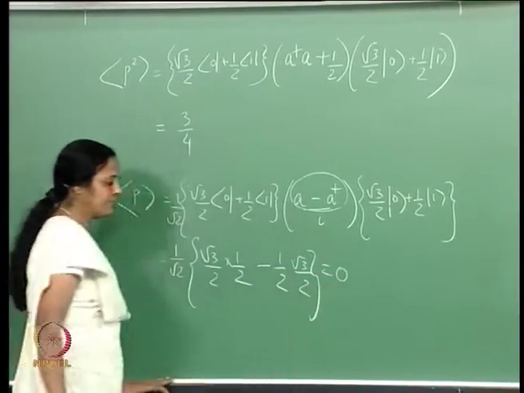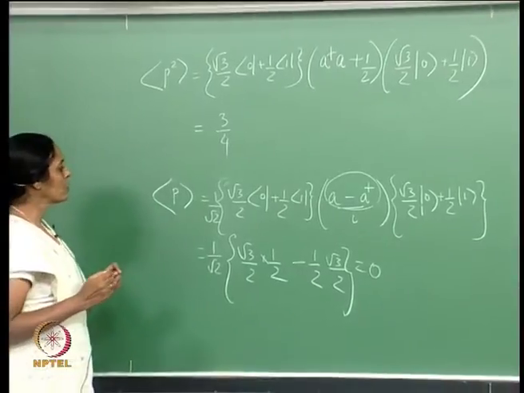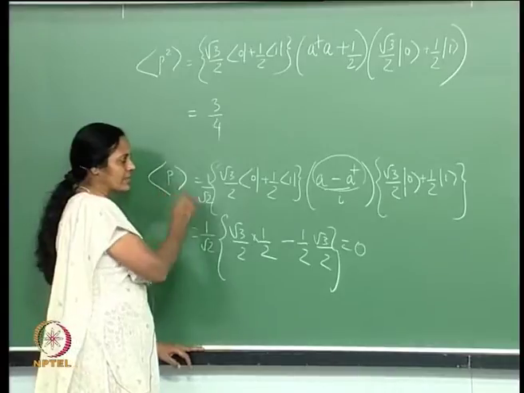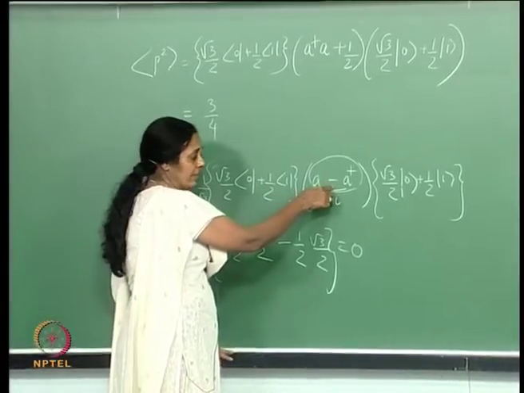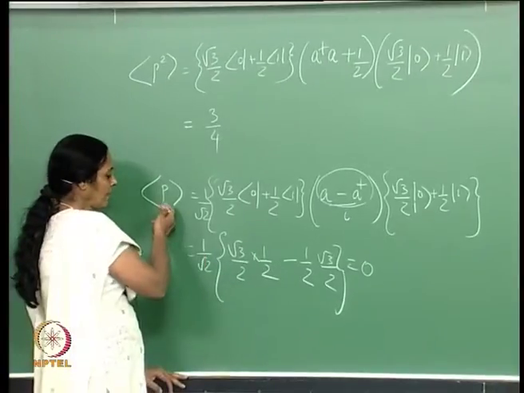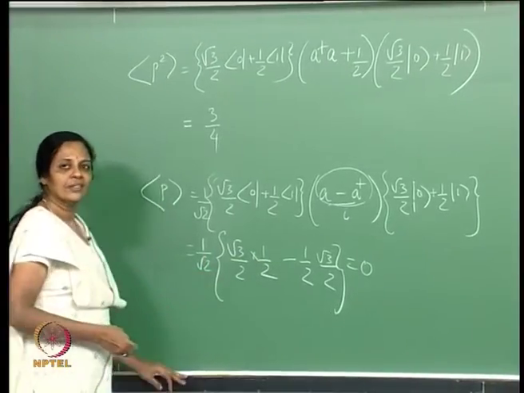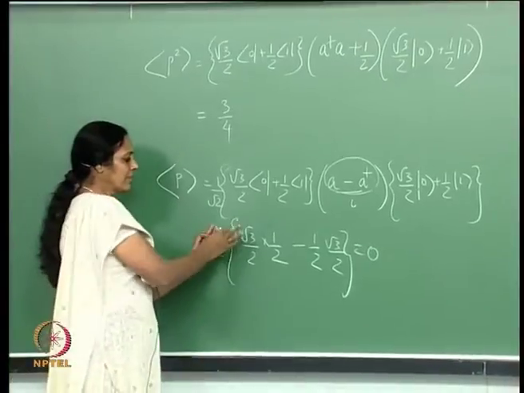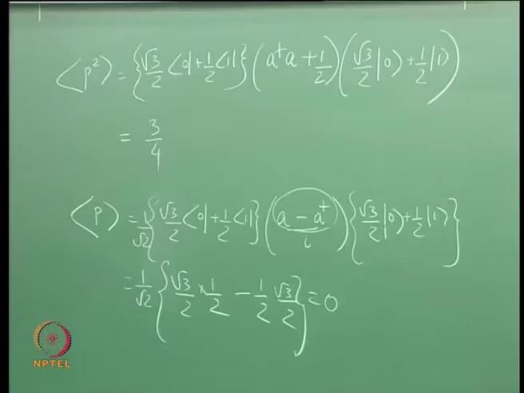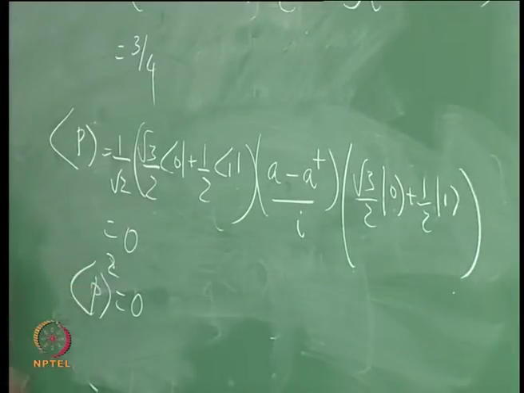So, this is 0. The crucial thing to note is that unlike the case of expectation X, where I had a plus sign there, and therefore there was a contribution, in the case of expectation P, the individual contributions cancel out and I get a 0. Expectation P the whole squared is 0.